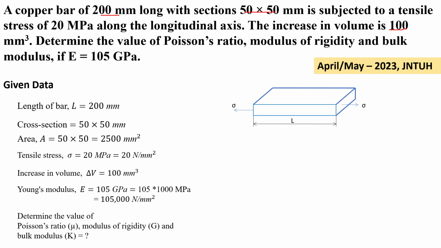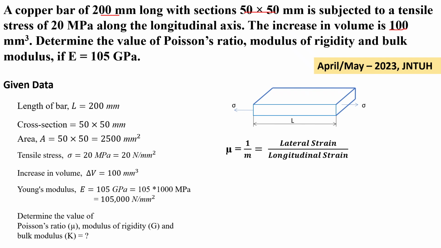Then we have to determine the Poisson ratio, modulus of rigidity and bulk modulus. Moreover, the E value, that is Young's modulus, E equal to 105 GPa, which is equal to 105 into 10 to the power 3 megapascal, which is 105,000 Newton per mm square. Then we have to determine the Poisson's ratio.